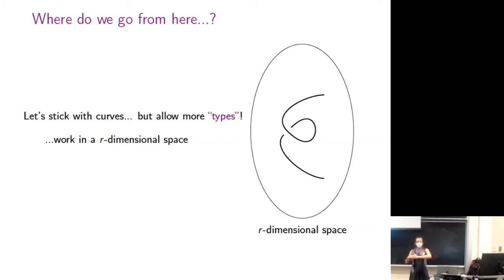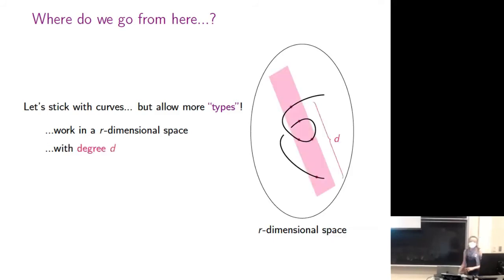By the fundamental theorem of algebra, that has D roots over the complex numbers, with appropriate multiplicity. So I can make that sort of thing work in general in a larger dimensional space. Instead of restricting to a line, I restrict to a hyperplane, some linear subspace of dimension 1 less than the total space. This will meet my curve in D points counted with multiplicity, and that D is the degree. So there's still a notion of degree.